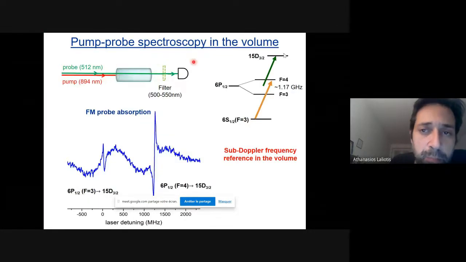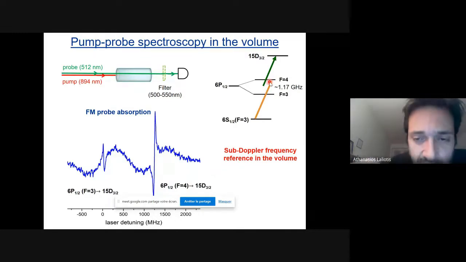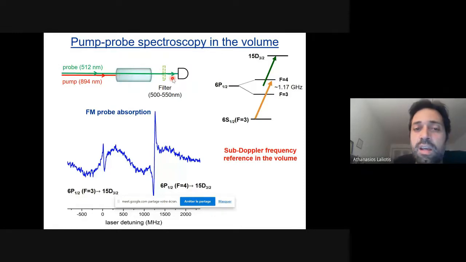Just a little bit more about how this works. This is a pump-probe spectroscopy experiment in the volume, so it's a nonlinear experiment, essentially. The pump is fixed at one frequency, and therefore it pumps essentially one velocity class. So if you do a simple transmission experiment in this case, you pick up a sub-Doppler component.